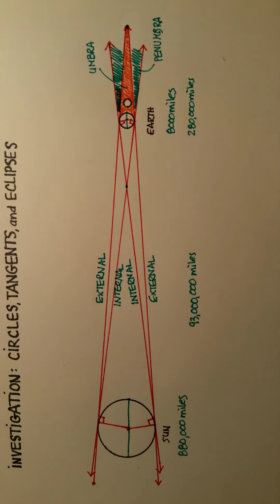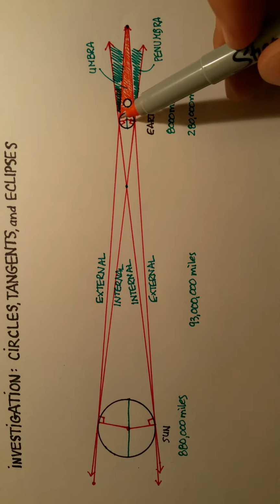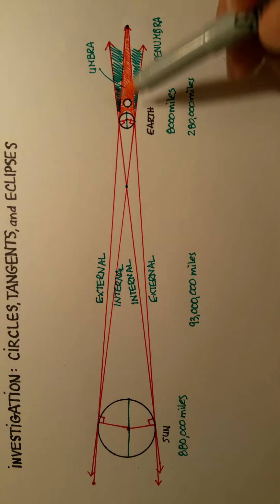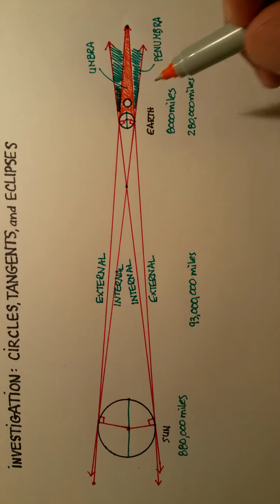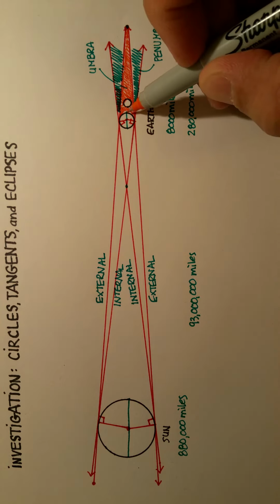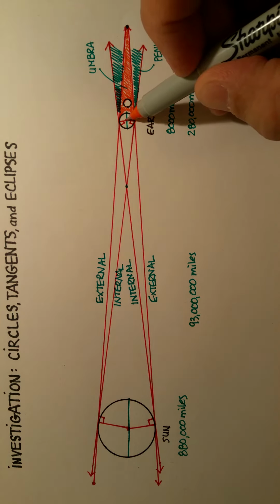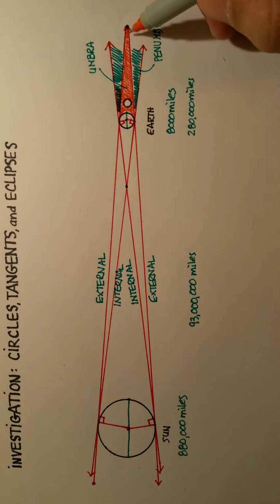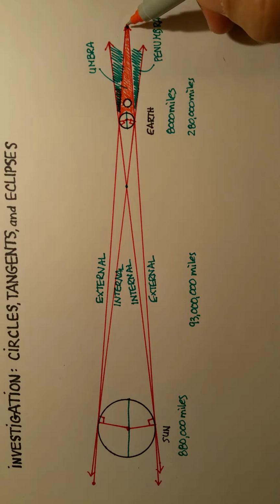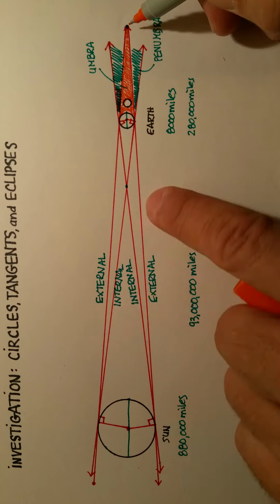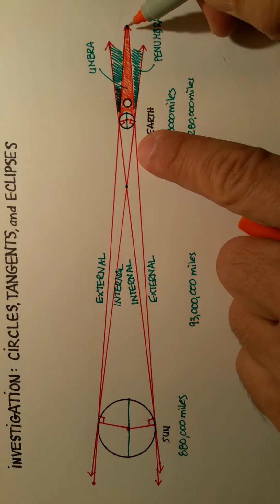So again, the question I want you to try to investigate is this. You'll notice that this is almost a triangular shape, right? Can you estimate the distance from the center of the Earth all the way to the tip of these external lines?